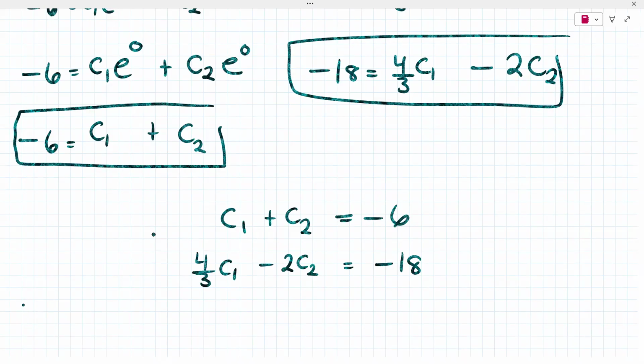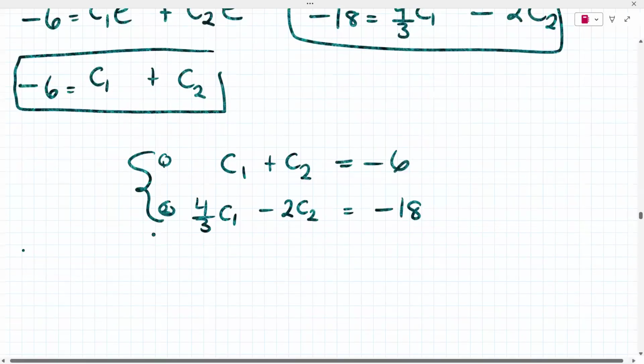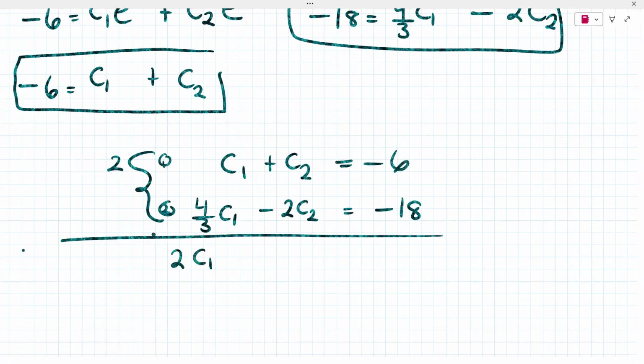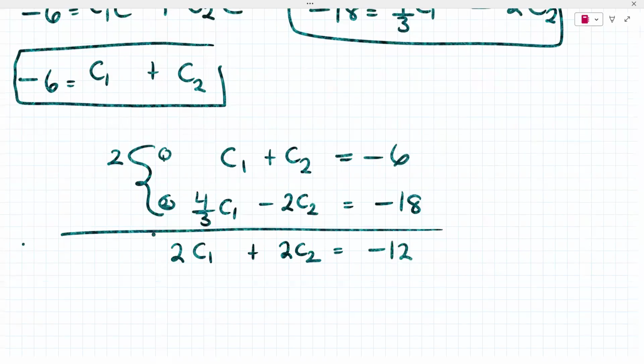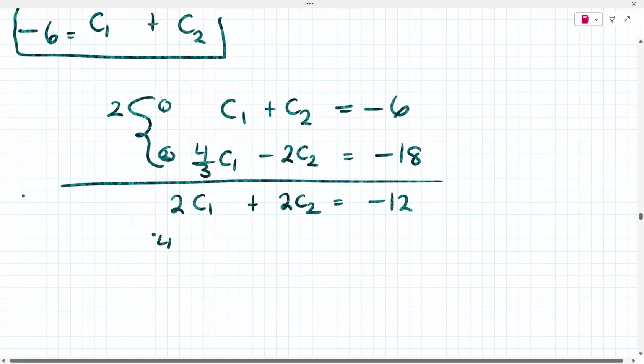I'm going to do elimination. I think I'll get rid of the C2 by multiplying the first equation by 2. So this is going to be 2 C1 plus 2 C2 equals 2 times negative 6, which is negative 12. And I leave this alone.